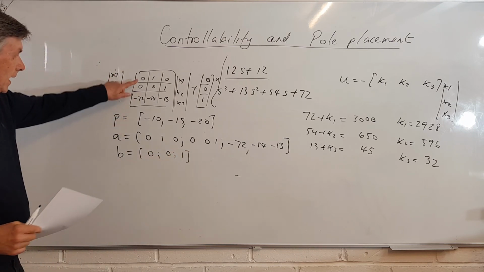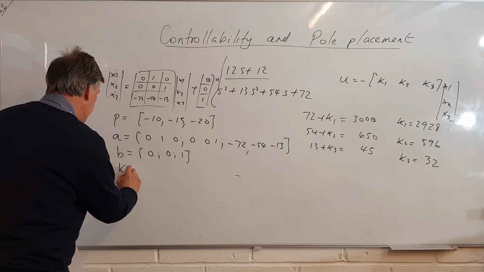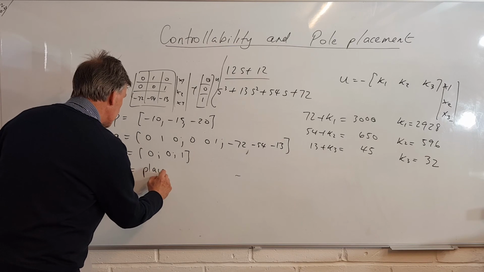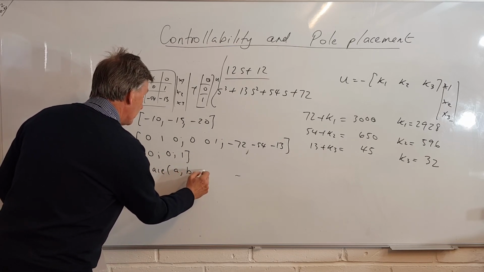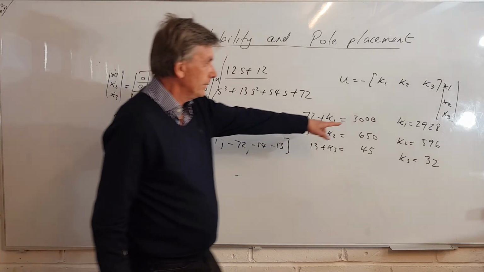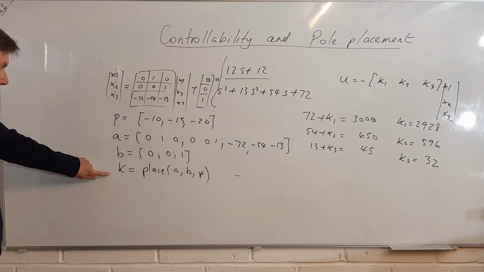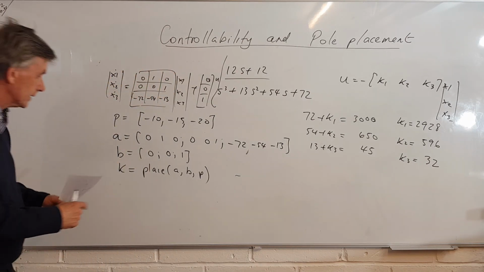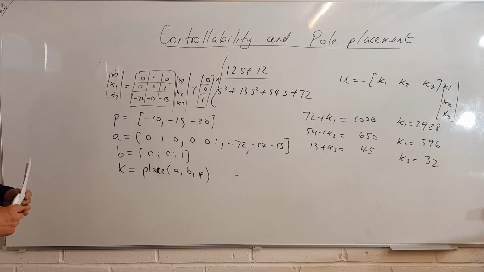So that's got our A in and our B and a P. And then we can simply type in K equals place(A, B, P), and it will work out K for us, and hopefully we'll get these little answers here. So this is a little 4-line piece of code that's very handy.